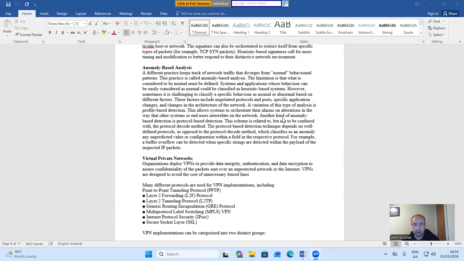Another kind of anomaly-based detection is protocol-based detection. This scheme is related to, but not to be confused with, the protocol decode method.